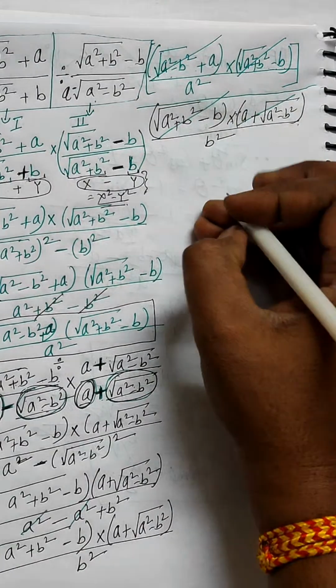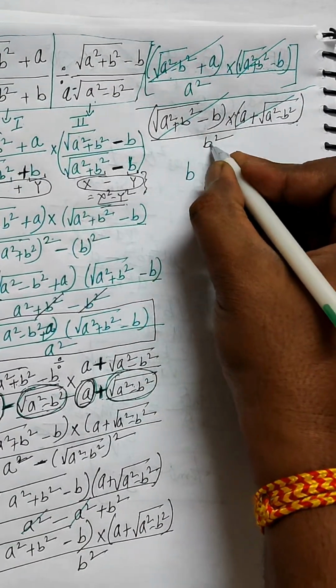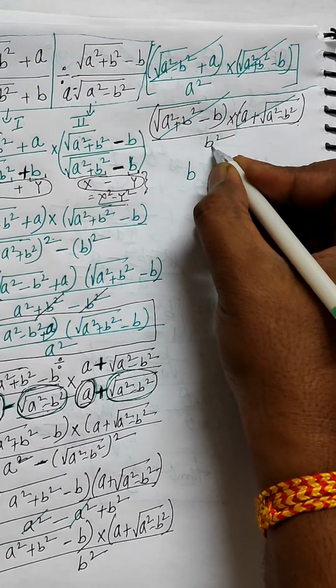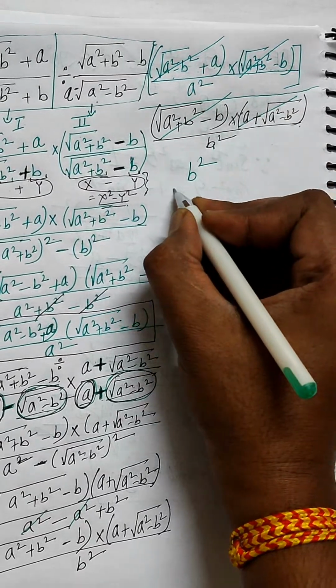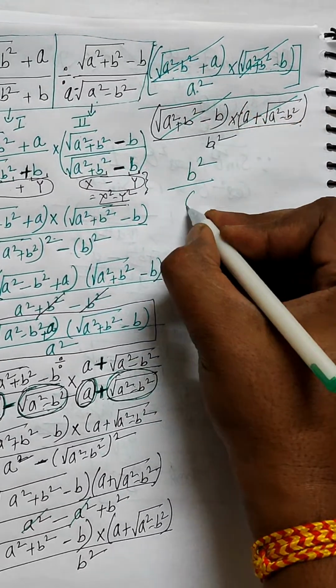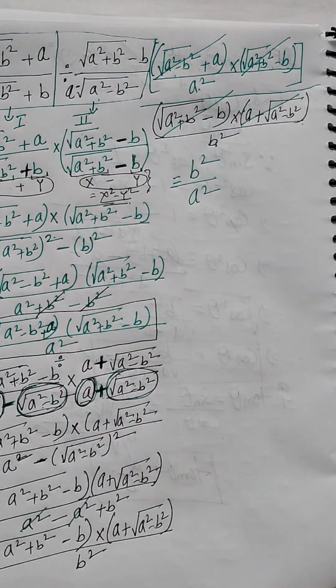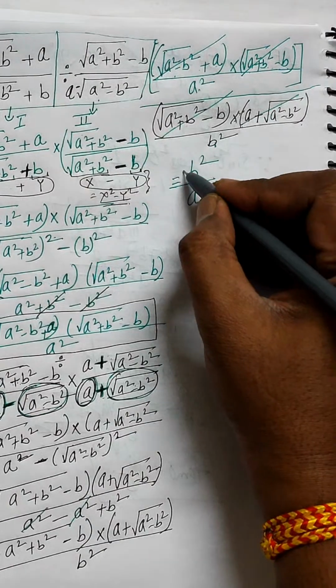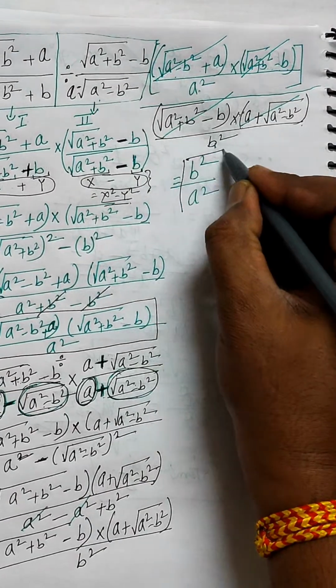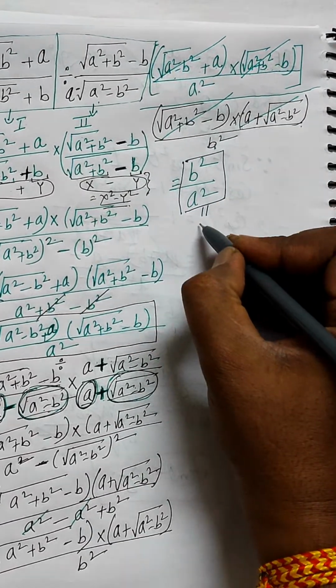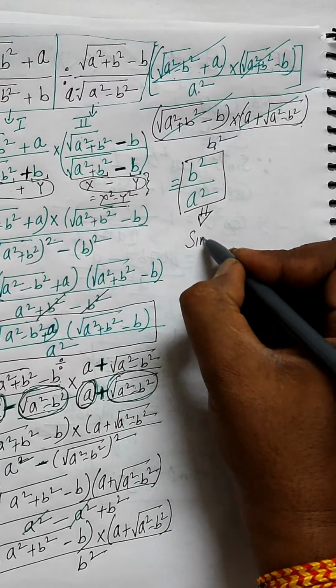And we are left with what? We are left with this b square in the denominator of denominator will go into the numerator, and this a square is already in the denominator. So this is equal to b square by a square. This is the simplified version.